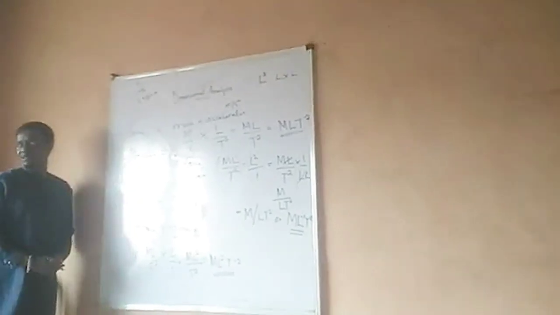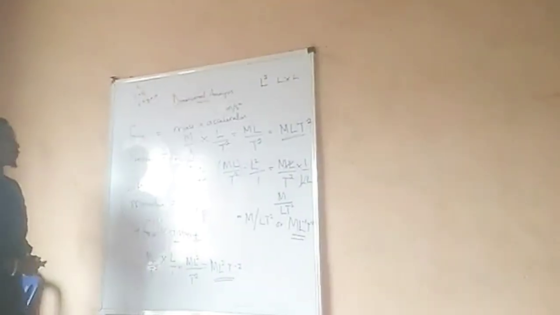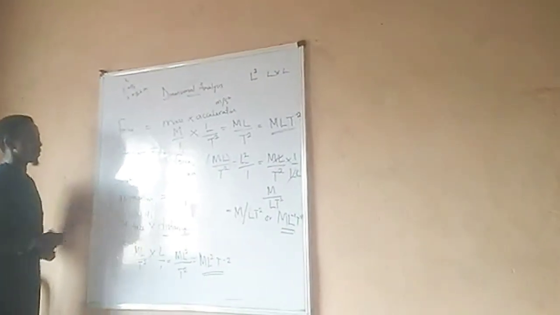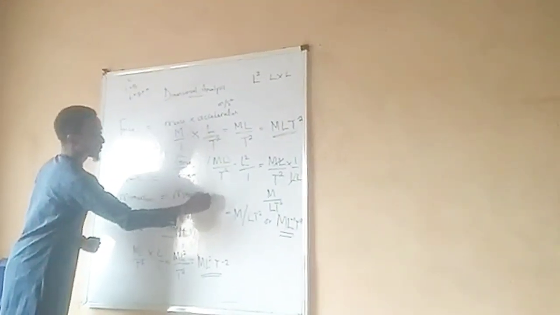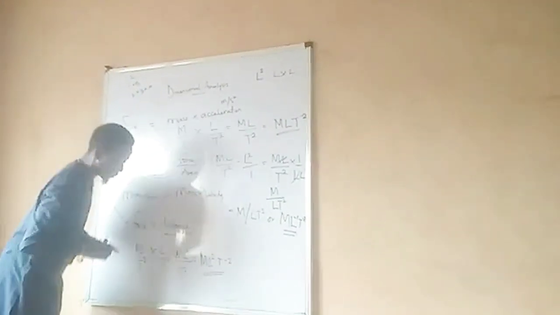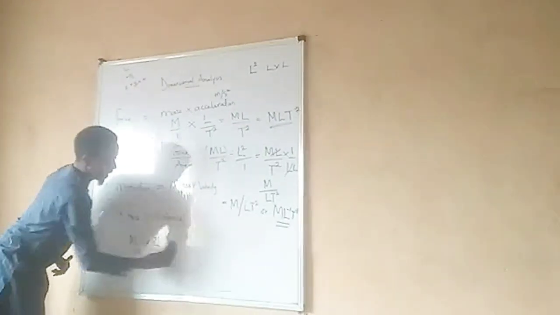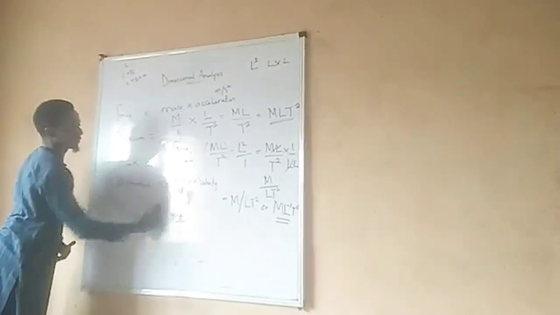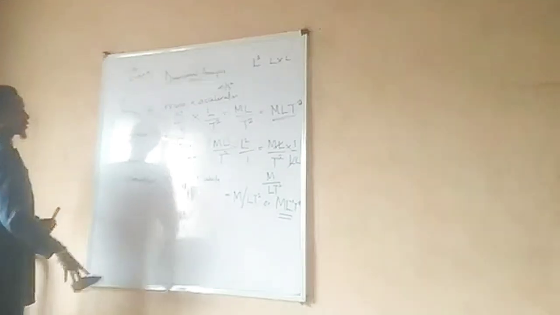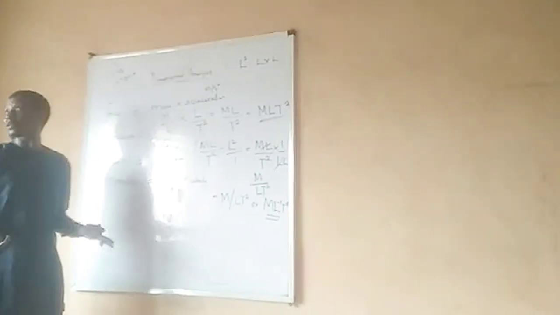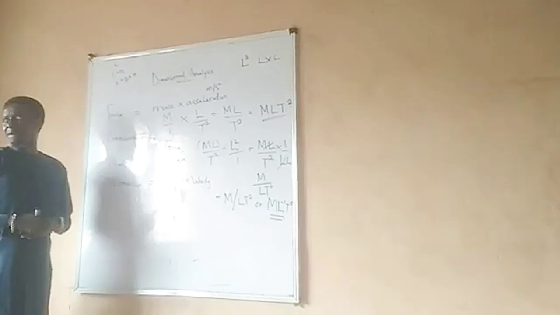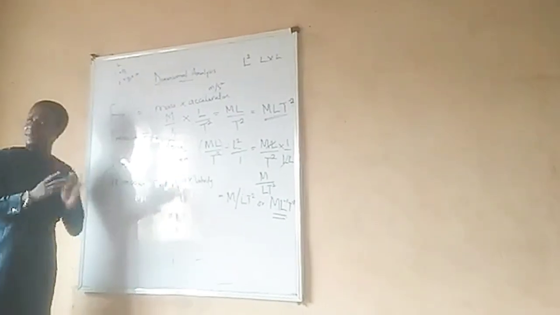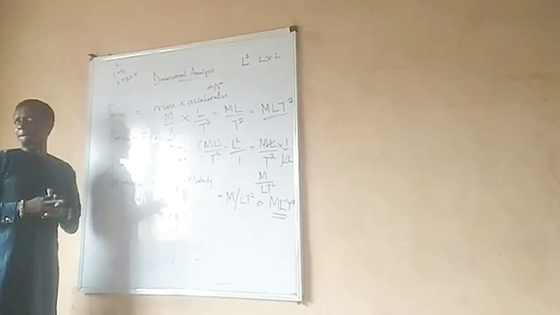Little by little? Okay. So we work with momentum. Momentum is mass times velocity. Once you know the formula, then you are good to go. So my mass is already a fundamental quantity. My dimension for mass is what? Is it M, L, or T?